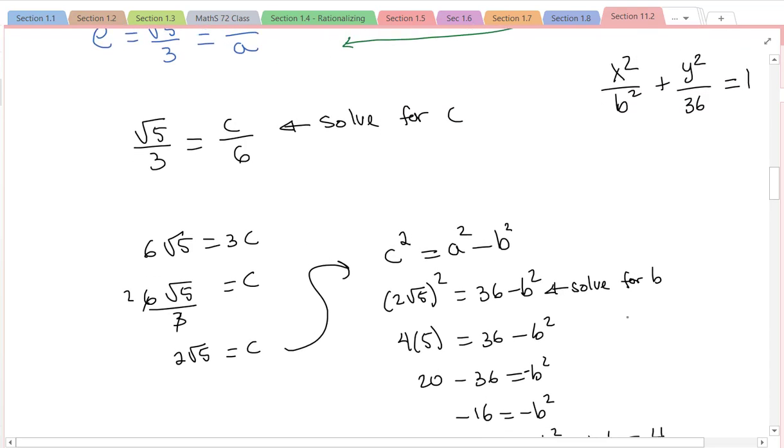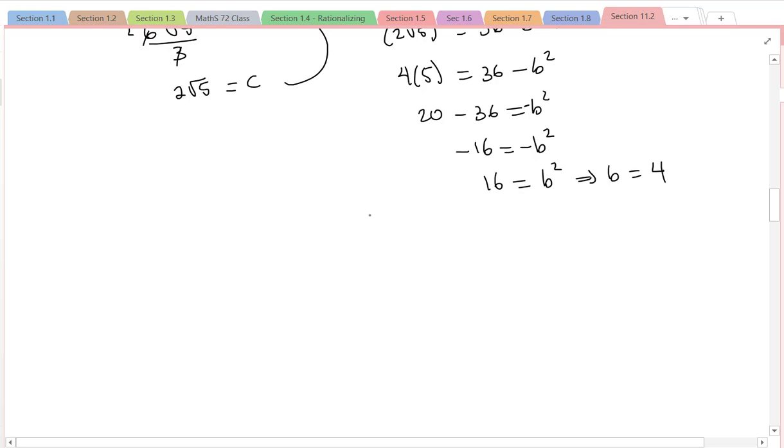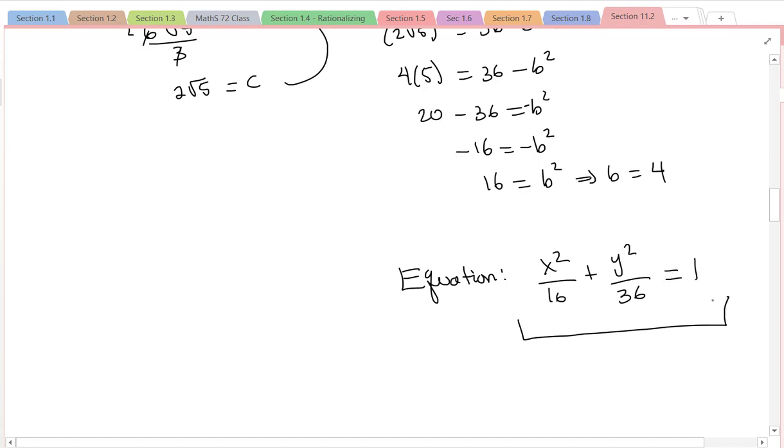So now we can go back and finish our equation. It'll be x squared over 4 squared, which is 16. So our final equation would be x squared over 16 plus y squared over 36 equals 1. So that will be our final equation.